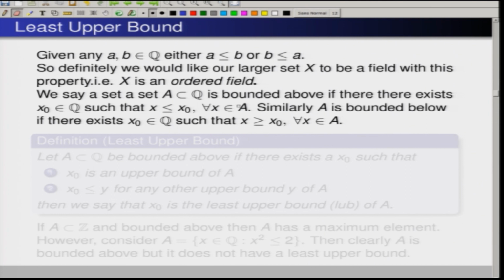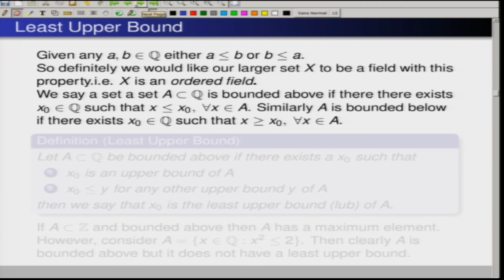Similarly, we can say that A is bounded below if there exists an x naught belonging to Q such that all elements of A are greater than or equal to this x naught. For example, if you take all the positive rationals, then this set is bounded below.